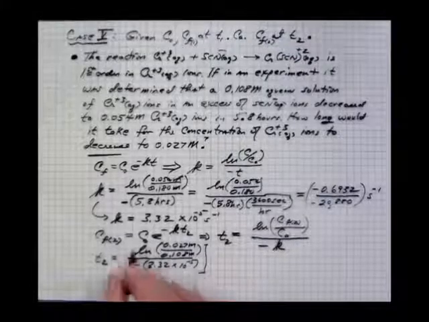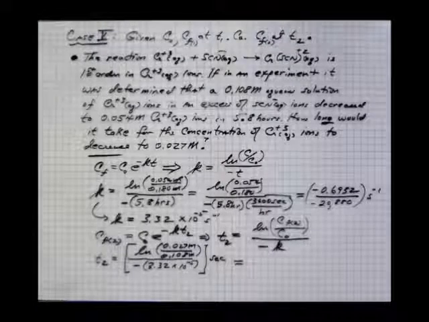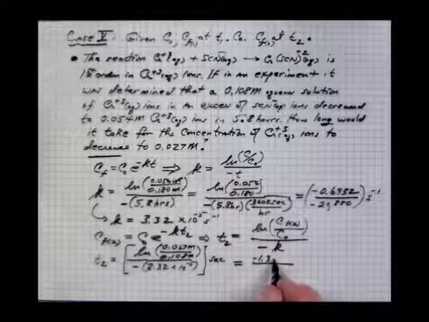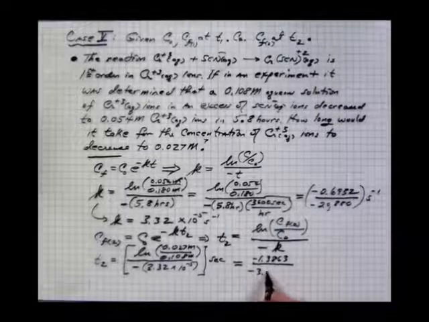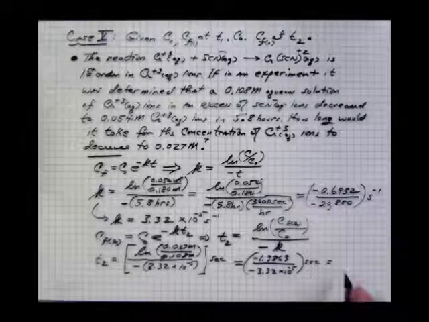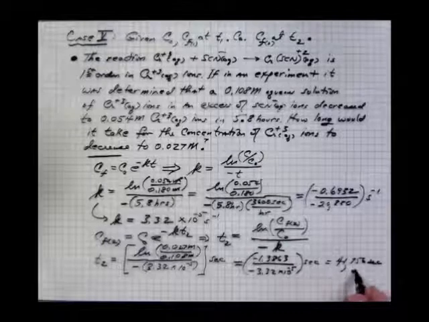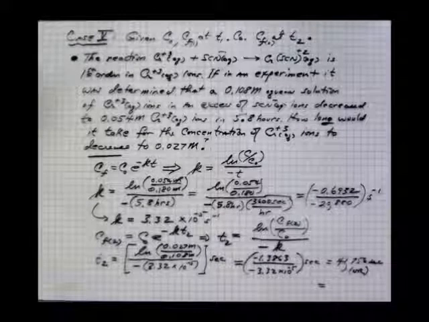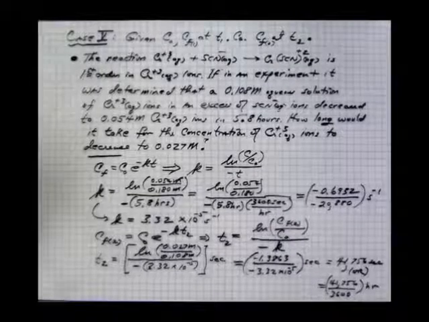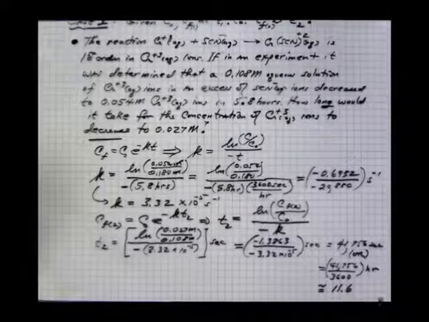This now comes out in seconds when you complete the calculation: minus 1.3863 over a minus 3.32 times 10 to the minus 5, which turns out to be 41,756 seconds, or in hours, 41,756 divided by 3,600, which equals about 11.6 hours.